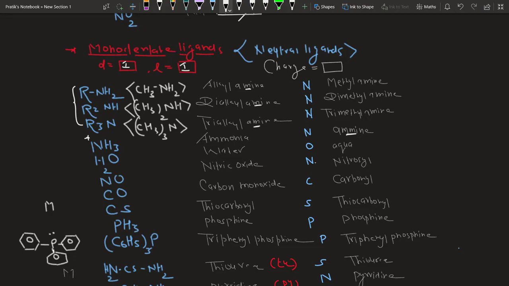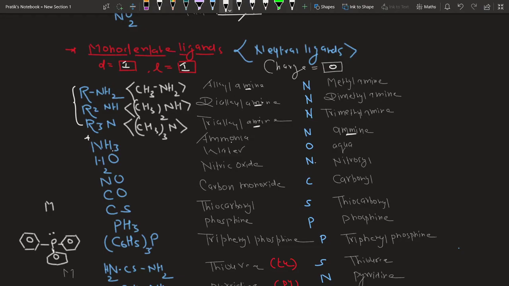So all neutral ligands will have 0 charge, and these are some examples: alkyl amine, dialkyl amine, trialkyl amine.